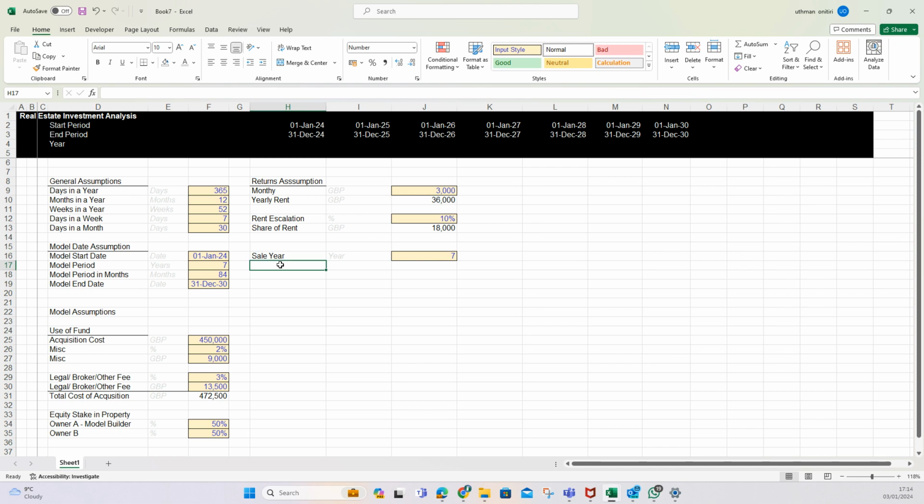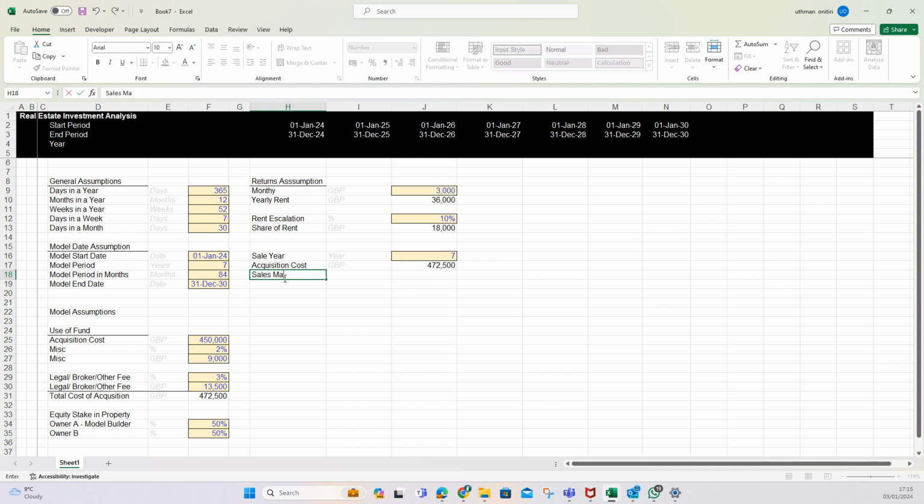Then I need to also calculate how much is going to be coming to the owner of the model. So recall acquisition cost is linked up to this place. I could build something for linked sales, but that's by the way. We'll talk about that later on.